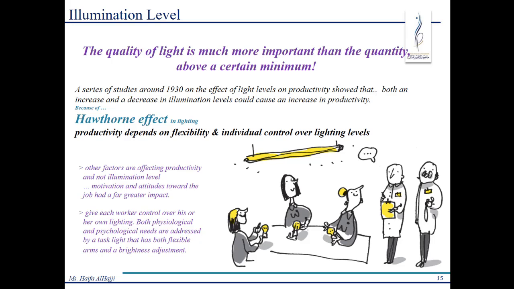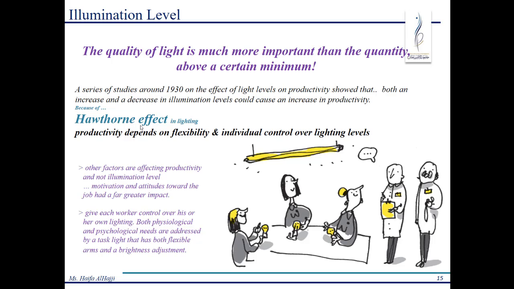So as we know, we want to use the correct illumination level to increase the performance of the task. Now, there's something related to increasing the performance of any task or work. This is the Hawthorne effect.